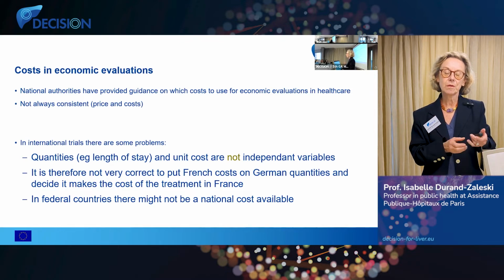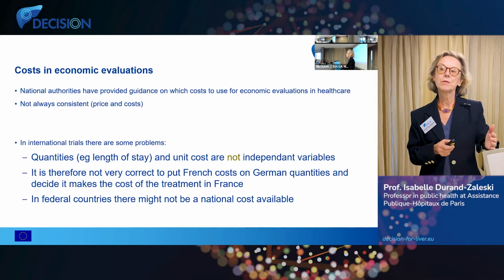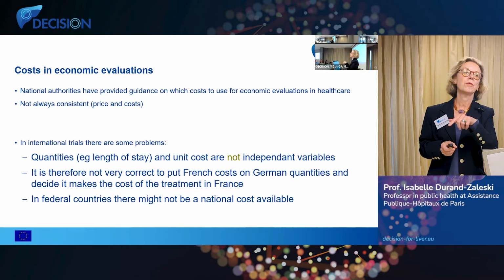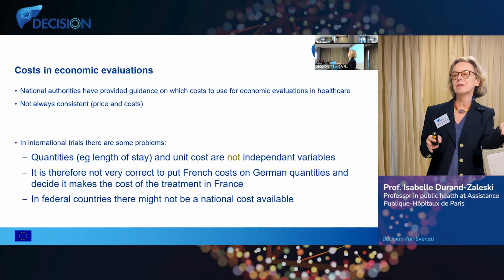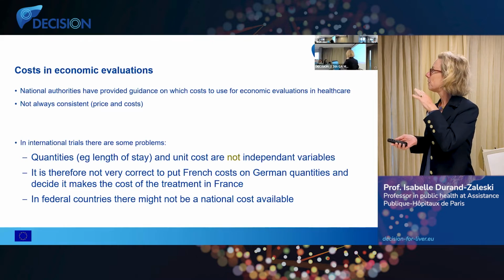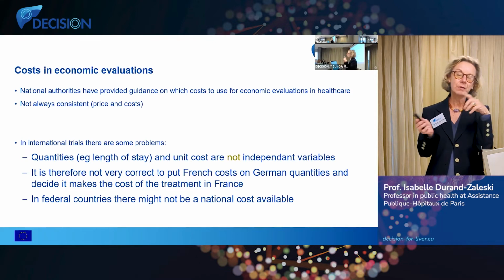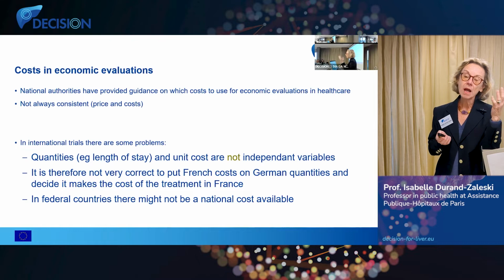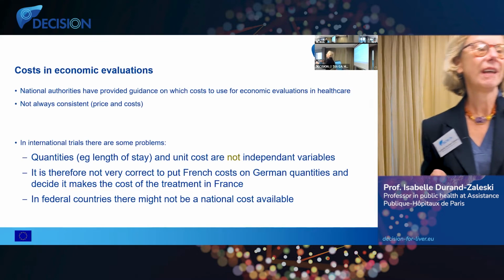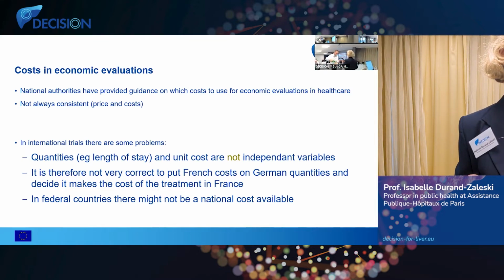Now you understand very well that it is exactly the opposite relationship for cancer drugs. When you have drugs that you treat to progression, then it's exactly the opposite. The more efficacious, the more costly. So in that case, the relationship is positive, which means that you must not assume that the two are independent, and you must not assume that you can use the costs in one country to do the economic evaluation in another country.